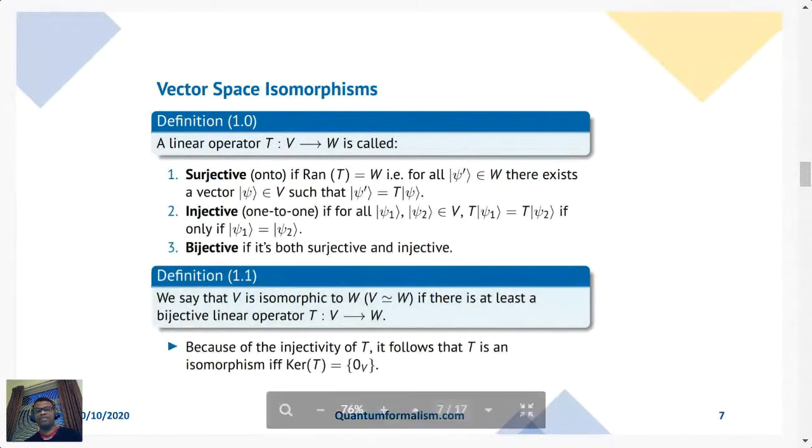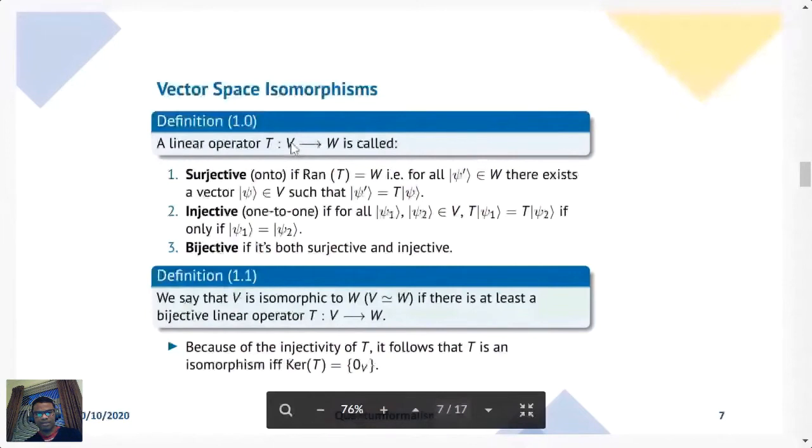But in the infinite dimensional case, most often the map cannot be defined on the entire vector space V. In the case of, say, a Hilbert space, the concept of domain is very important. So you would have to specify which subspace of V you are defining this map on. But for us, it doesn't matter. We can take the domain to be the entire space V.